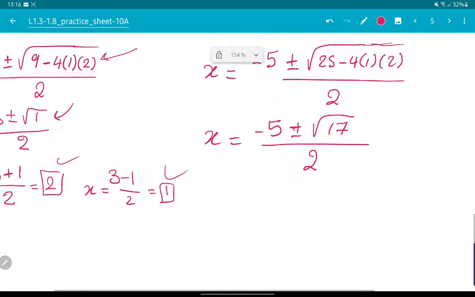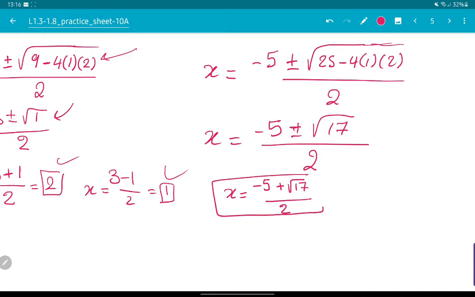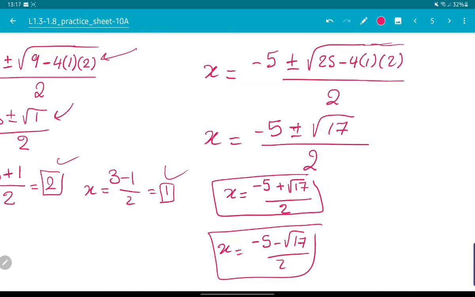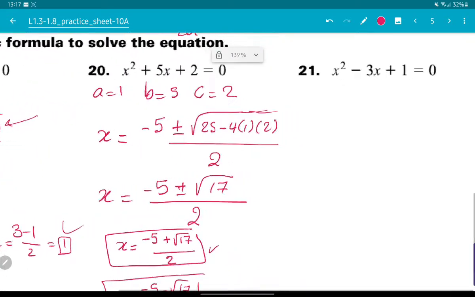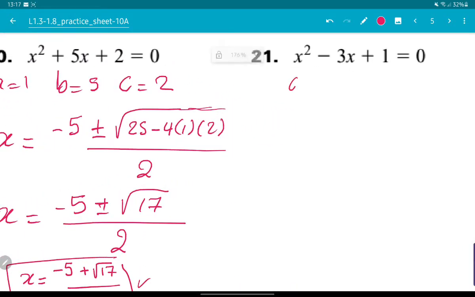We have two answers. One of them, when x equals negative 5 plus root 17 over 2, and this is the final answer. Or x equals negative 5 minus root 17 over 2, and this is the final answer for the two solutions. The last one, a equals 1, b equals negative 3, c equals 1.